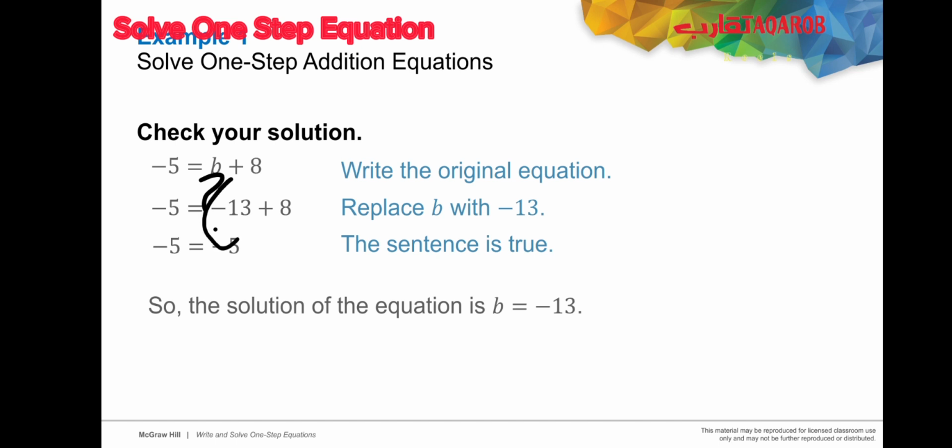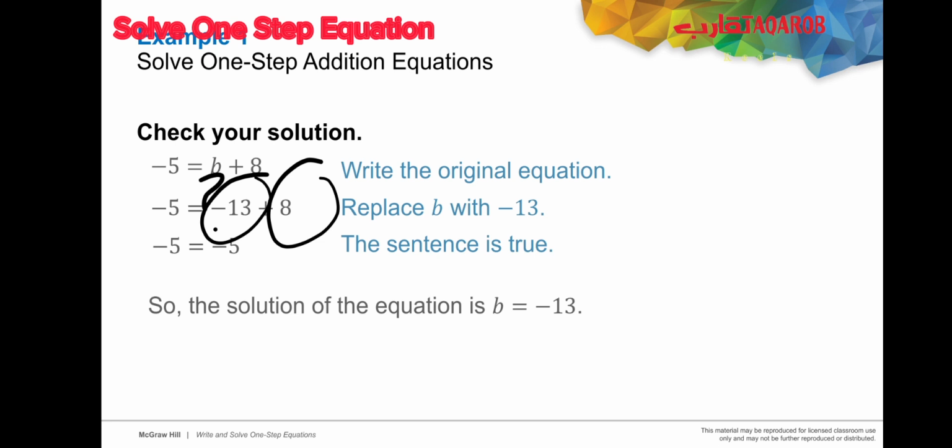Now, -13 plus 8. There is another rule in dealing with integers. It tells you that if the two integers have different signs, the sign is decided by the sign before it. Here I have negative 13 and positive 8. So if the signs are different, I subtract.